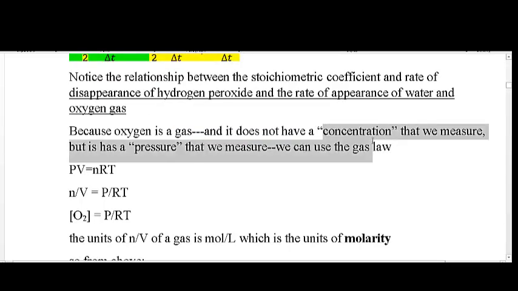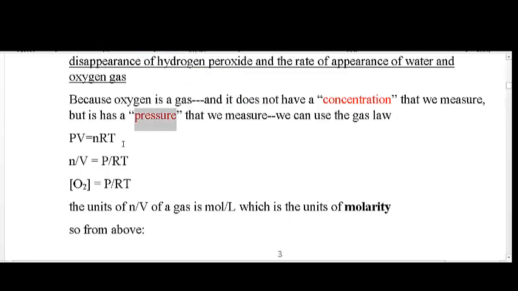You can either measure it by a concentration, in this case moles, but you can also measure it as a pressure. So if you use the ideal gas law, PV equals nRT, where n is the number of moles and V is the volume, I take n divided by V, and I take P and divide it by RT. So V goes to this side of the equation, RT goes on the other side.